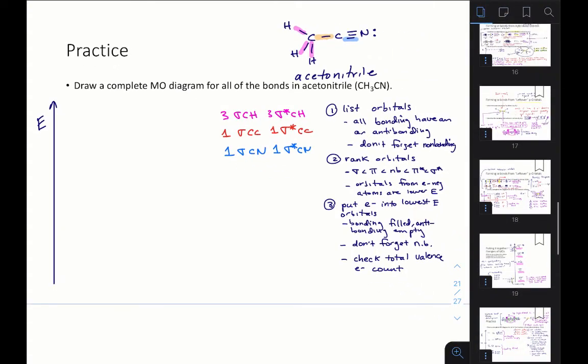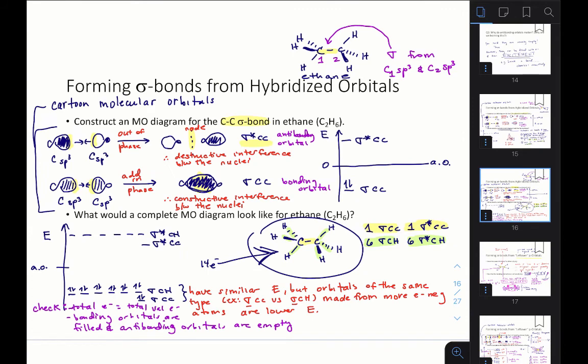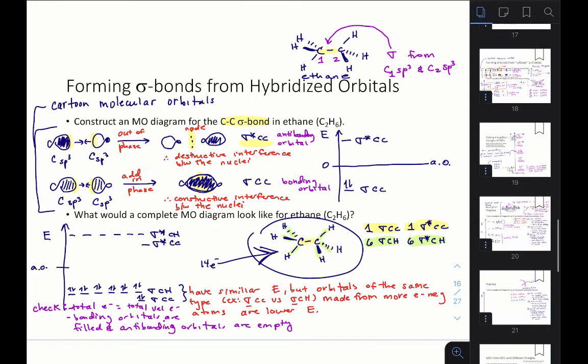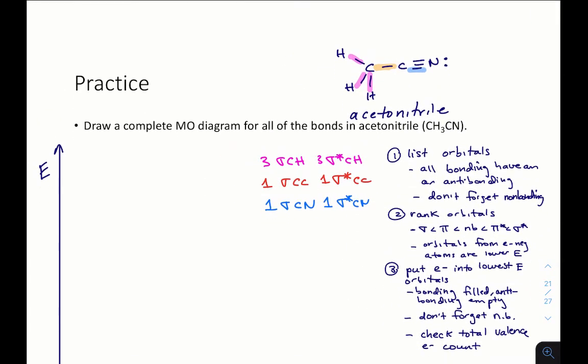Just like when we examined ethane, when the two carbon atoms came together, they could add in phase or out of phase to make both a sigma CC and a sigma star CC. The same thing happens for carbon and nitrogen in acetonitrile when they use their sp orbitals to bond.